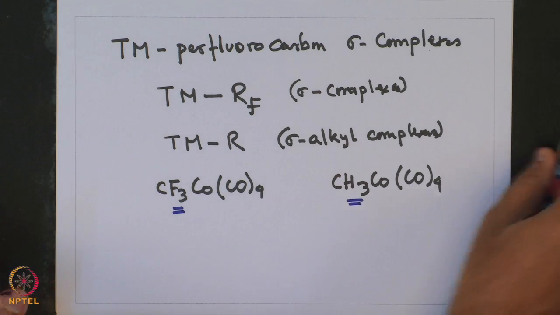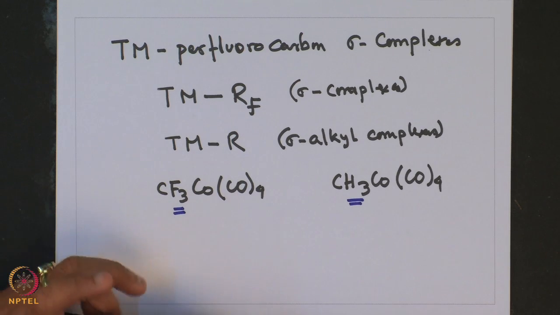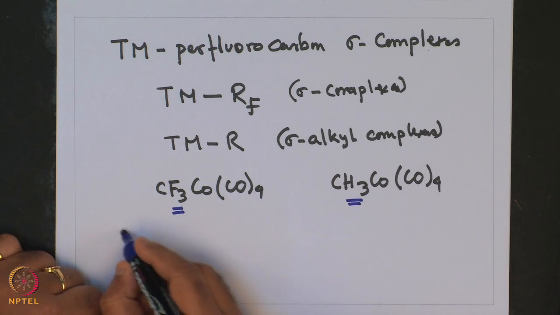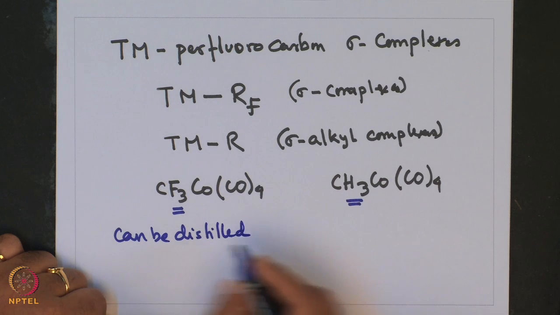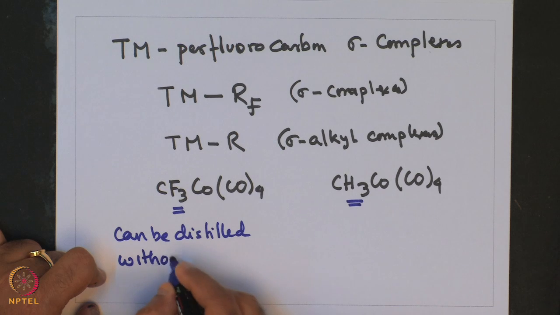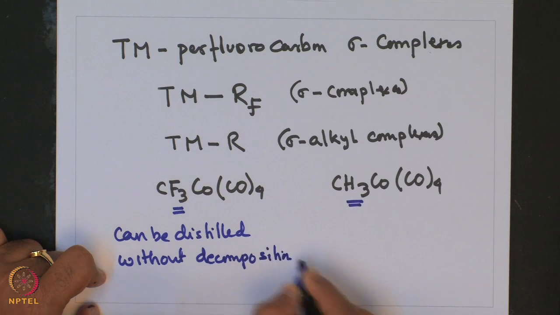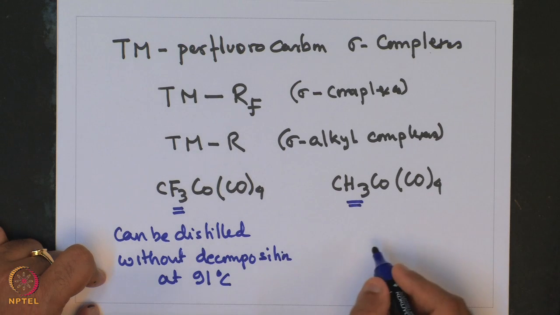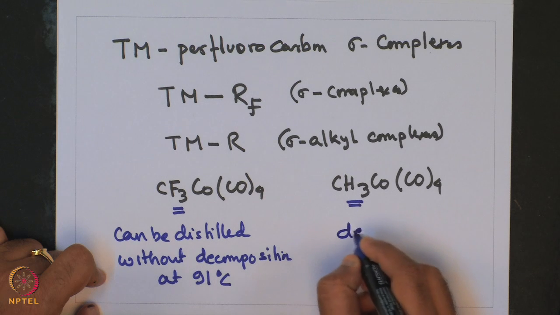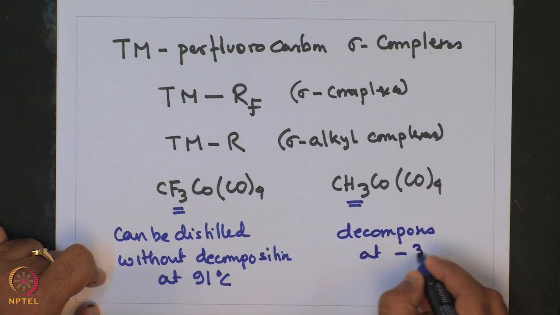and property wise it is seen that there is a significant difference. For example, this molecule can be distilled without decomposition at 91 degrees centigrade, whereas the simple alkyl counterpart is very unstable and decomposes at minus 30 degrees centigrade.